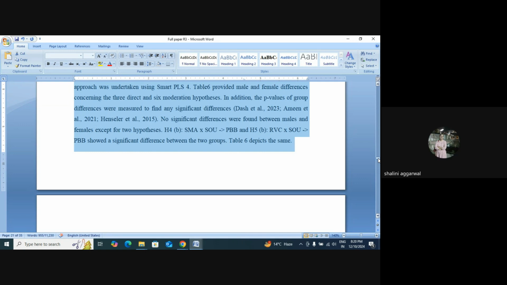Yes, accessed on date. Because sometimes what happens is when you access that same data at a later time, it is not available. So when you mention the date, then you are very sure that you have accessed it on this date and at that time it was available. Now it might not be available, but at that time it was available. That is the reason that we mention accessed on date.